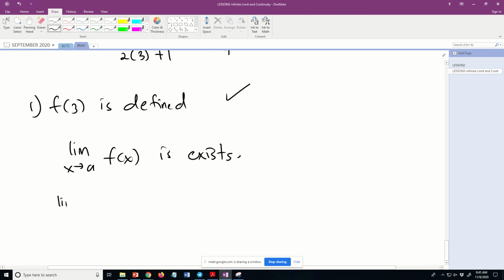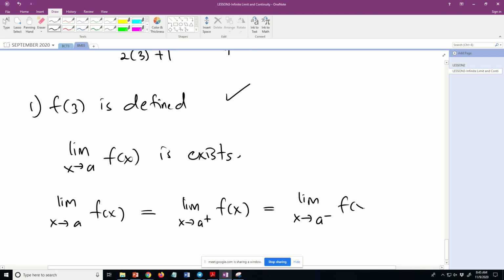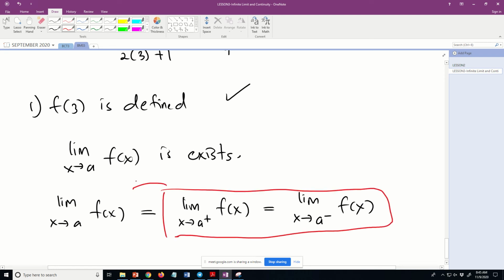I need to check this. How to check? I need to do limits. I need to check that the limit as x approaches a from the positive side of f(x) is equal to the limit as x approaches a from the negative side of f(x). When these two are equal, then the limit exists.